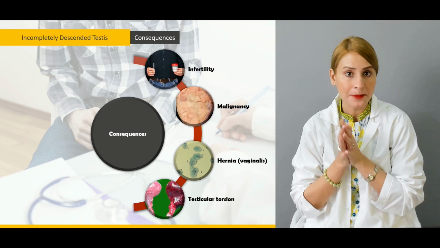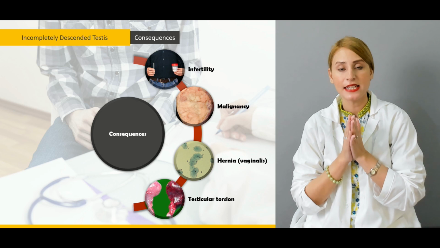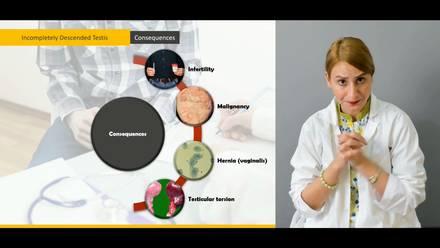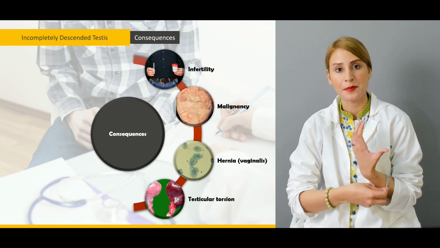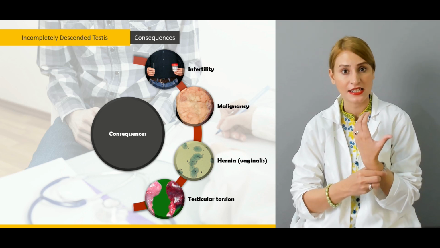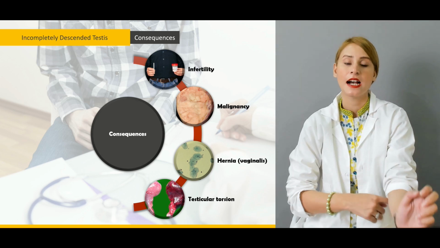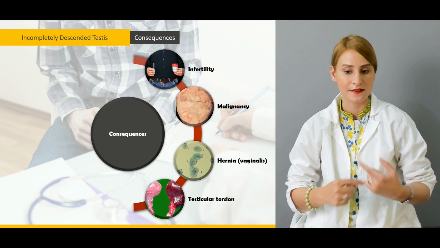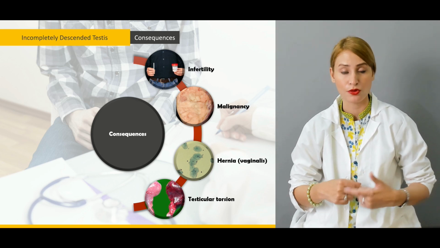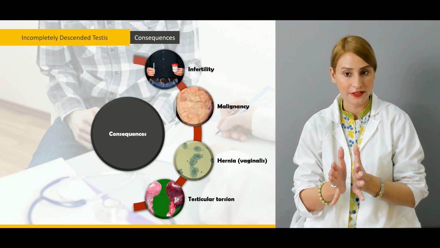And obviously there can be a risk of testicular torsion as well. Why testicular torsion? Because the length of the epididymis is affected in undescended testes, and because of that, the testes can twist around themselves and lead to testicular torsion, which is an extremely painful condition.